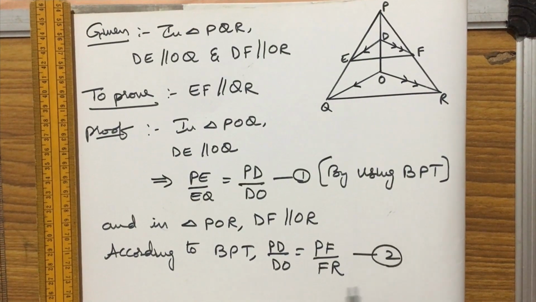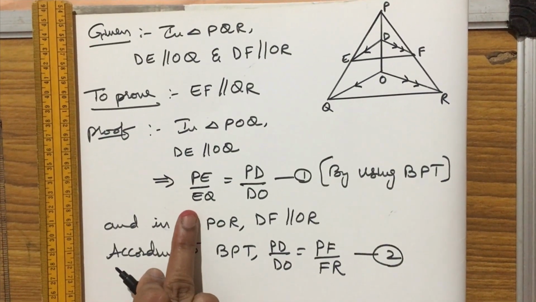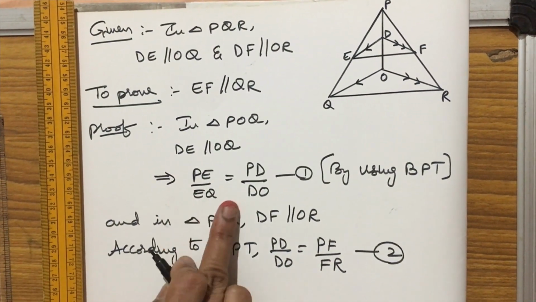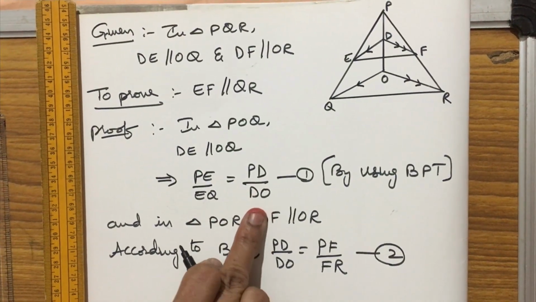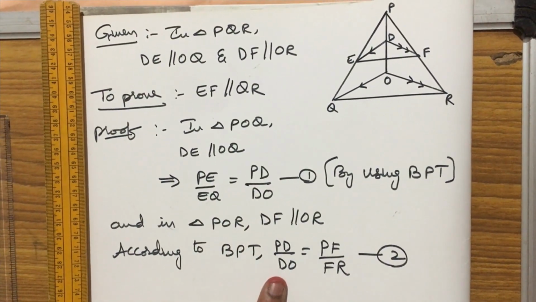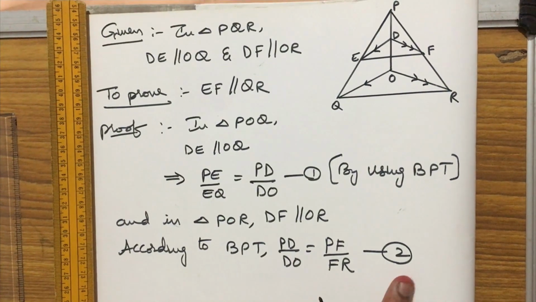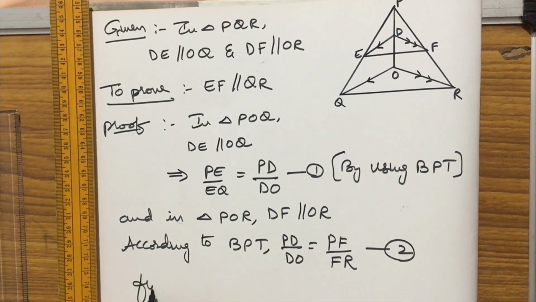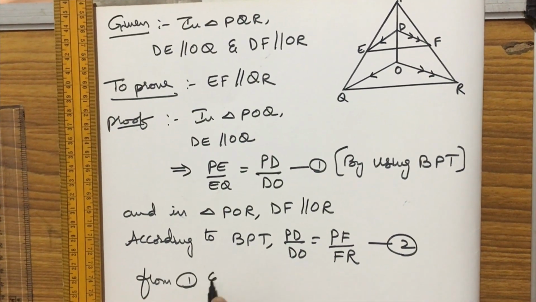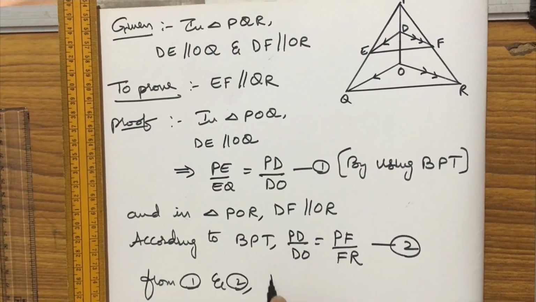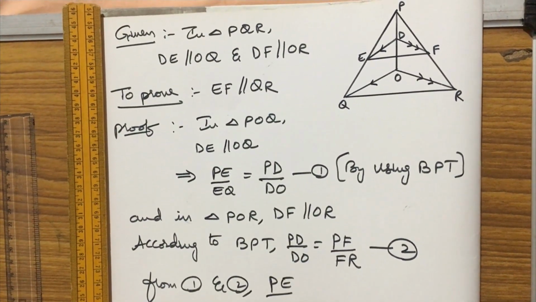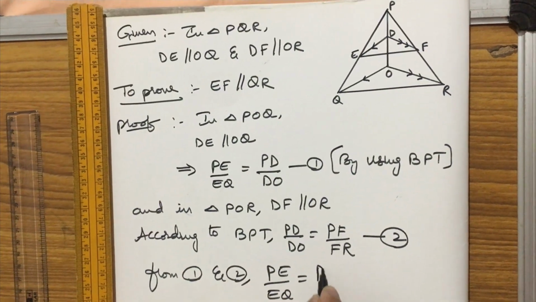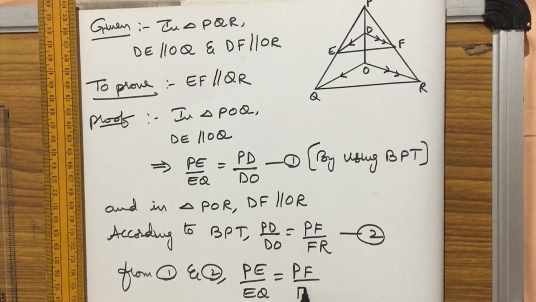Equation 2. See, in equation 1, PE by EQ is equal to PD by DO. But PD by DO is equal to PF by FR in equation 2. So from equations 1 and 2, what can we say? We can equate PE by EQ is equal to PF by FR.